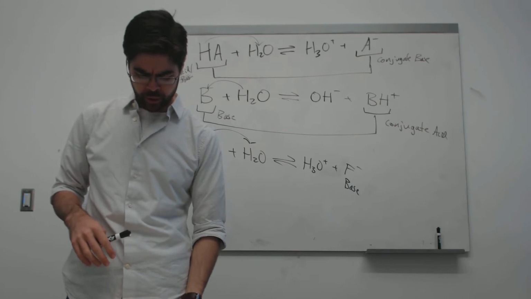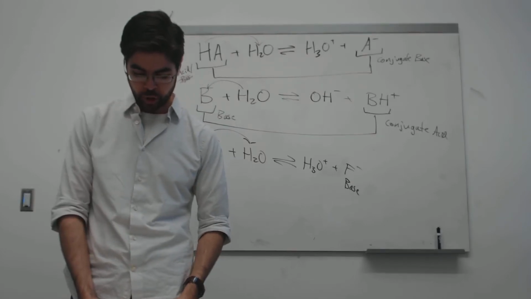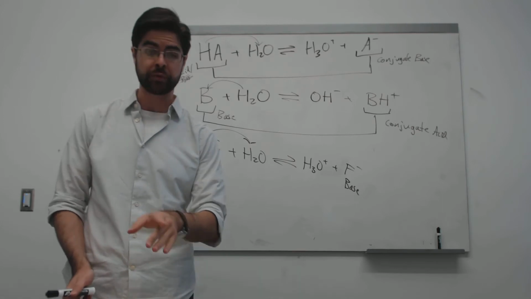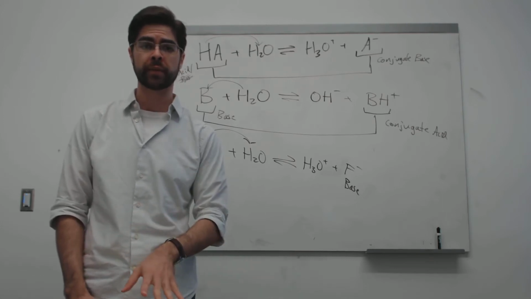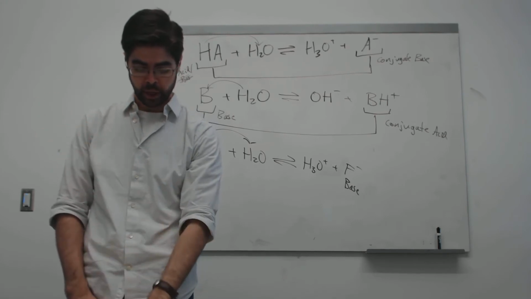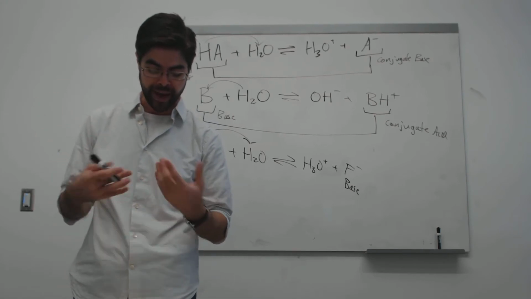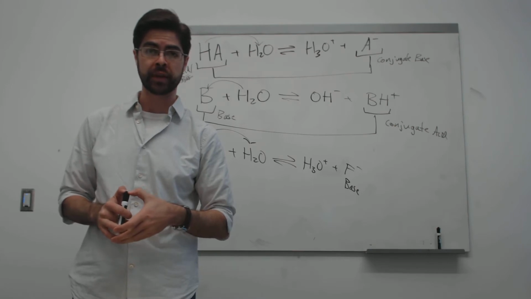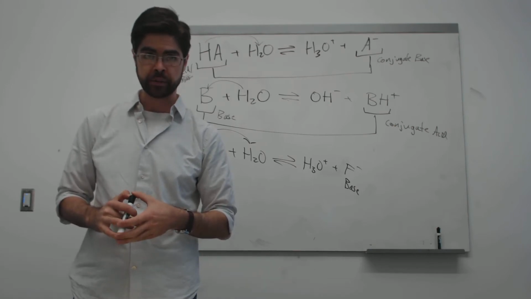Is there a way numerically to determine which solution? So this is in regard to the first problem I did between hydrochloric acid and hydrofluoric acid. The question was, is there any way to determine mathematically which one has the lower pH? Yes, there absolutely is.